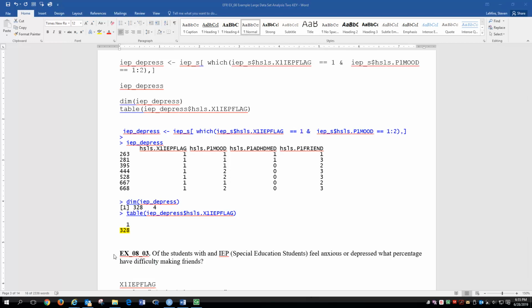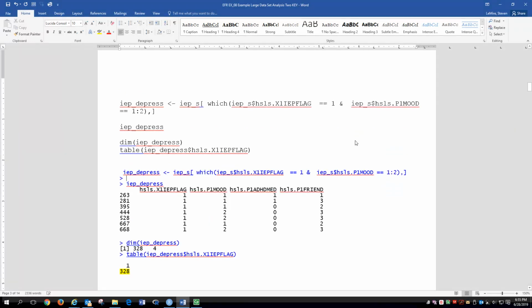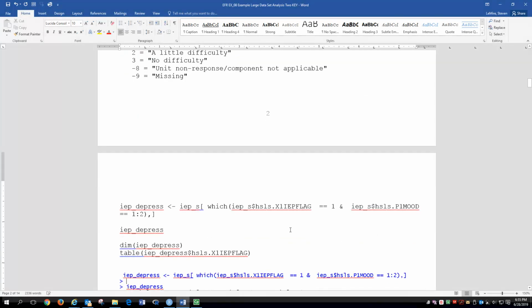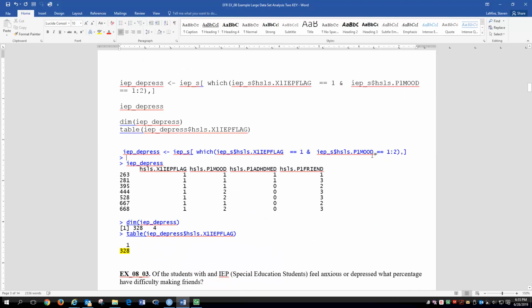The mood is right over here. Remember the mood. We'll come back up here. A lot of difficulty, a little difficulty. So that's 1 and 2 right here.